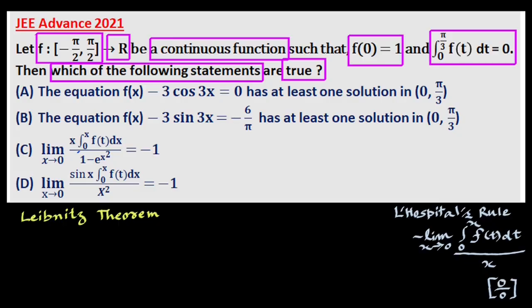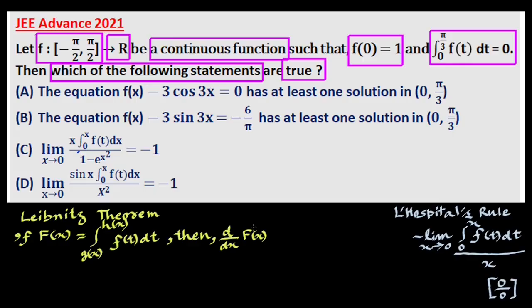Let me explain for the benefit of those who do not know about Leibniz theorem. The theorem states that if function capital F(x) is the integral from variable g(x) to variable h(x) of f(t) dt, then d by dx of F(x) is, first we have to replace this t by the higher limit h(x).